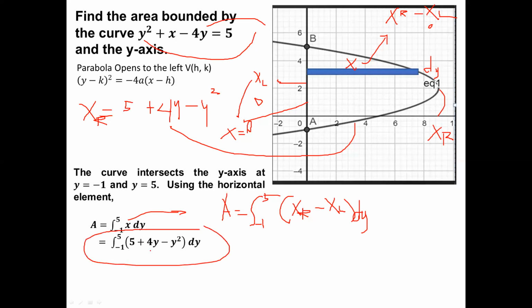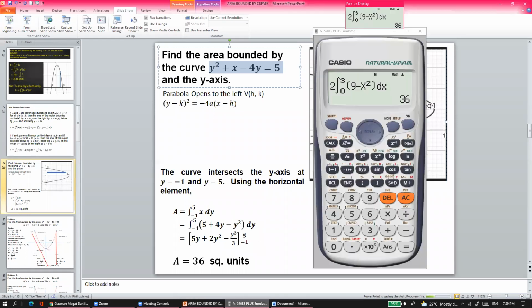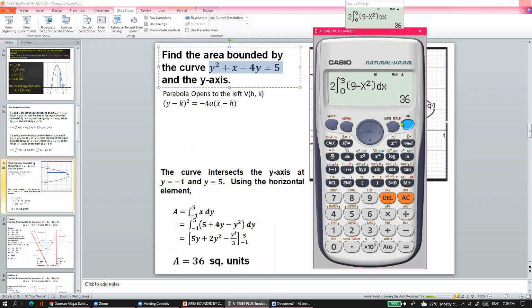Substitution na lang yan. Huwag kayong magpapadala dito, no? Kahit na dy yan at y yan, pagdating sa calculator technique, kung ika-calculate mo yan, gamitin mo pa rin yung x. Okay? Ito siya. Okay, ika-calculator natin. So if I will apply this using the calculator technique, ito lang yung ita-type natin.